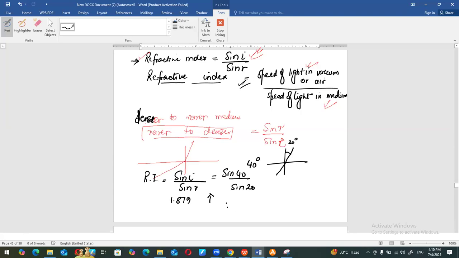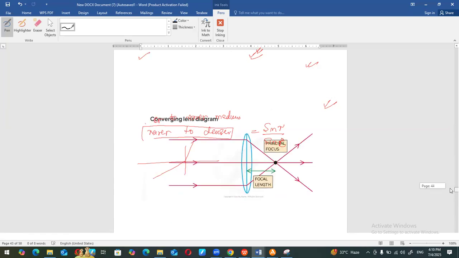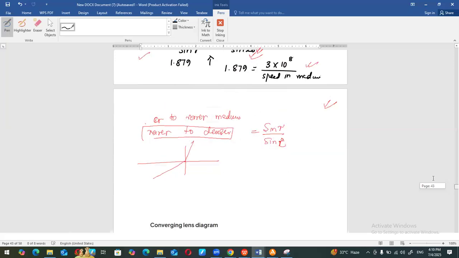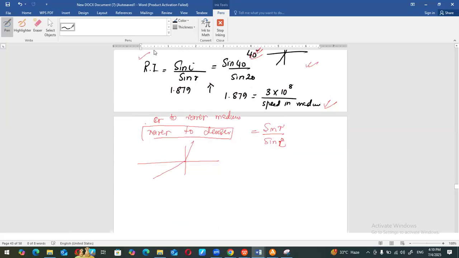We already know that 1.879 equals the speed of light in vacuum divided by the speed in the medium. Now, speed of light in vacuum is constant. We know that value. You can simply move the medium term forward, just cross multiply, and you will get the value.